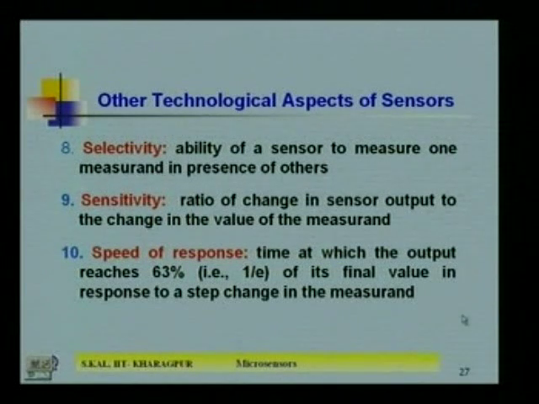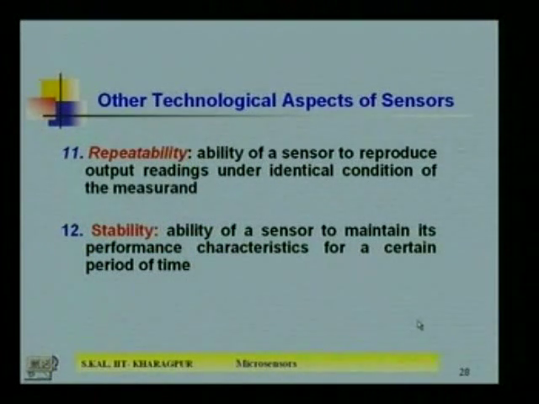Okay. Now repeatability and stability are other parameters which you have to take into account when you are selecting or designing a particular sensor. Repeatability means the ability of a sensor to reproduce output readings under identical conditions of the measurand. That is repeatability.